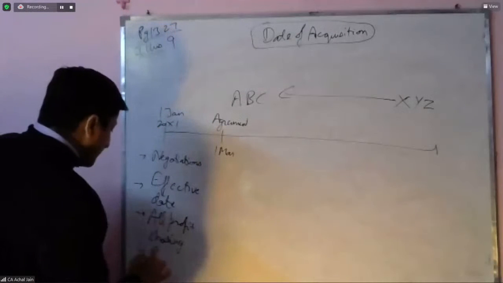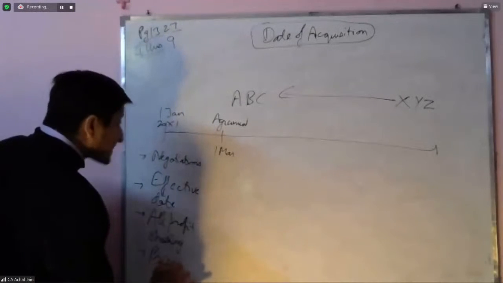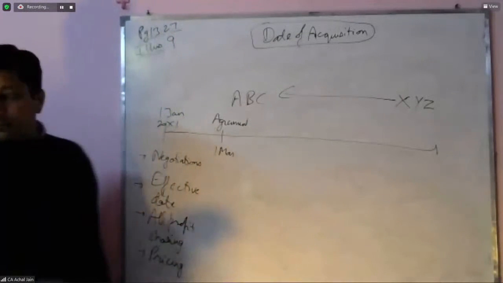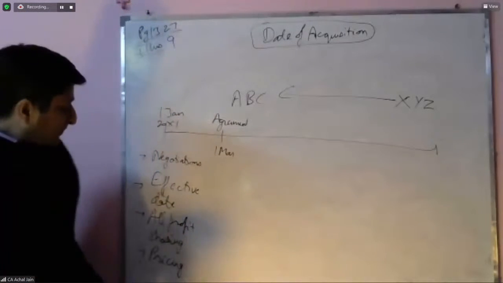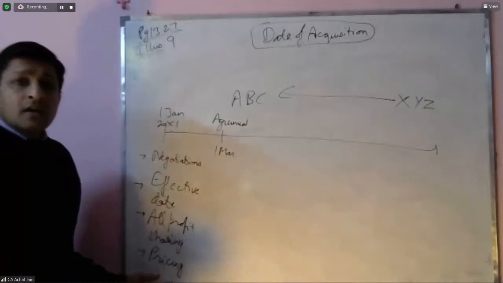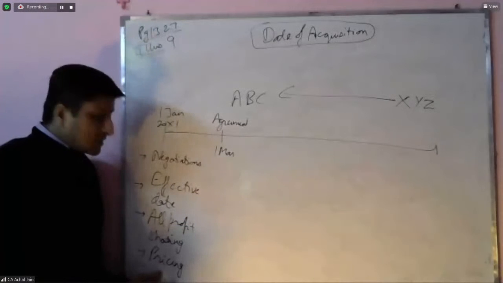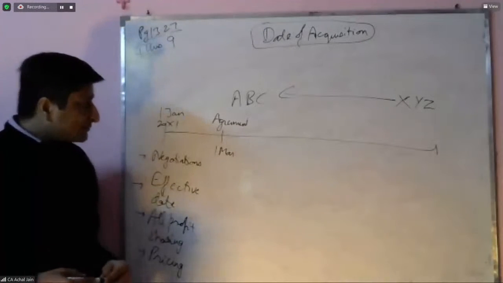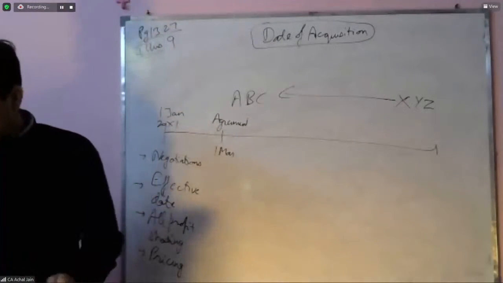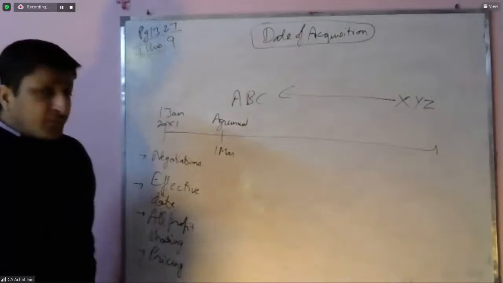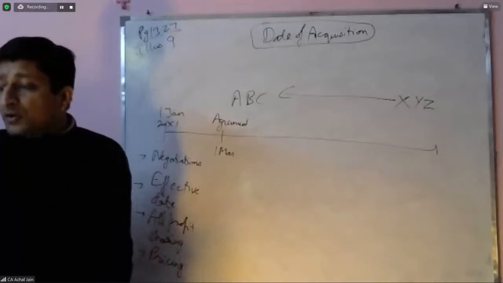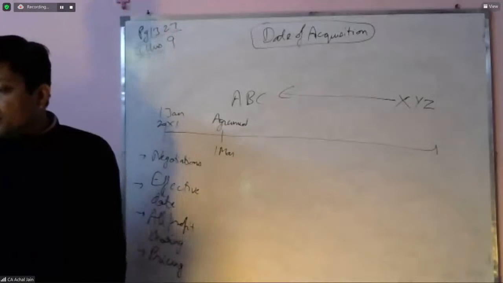So the pricing which ABC would pay to XYZ is also based on the position of XYZ of this date. Now in this case, there are two dates. Which out of these two dates you will call as the date of acquisition?